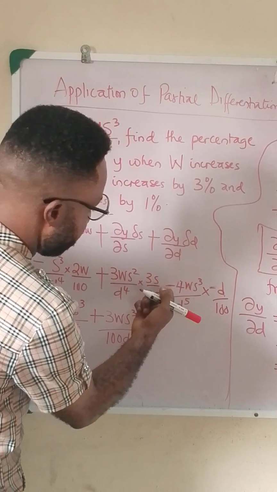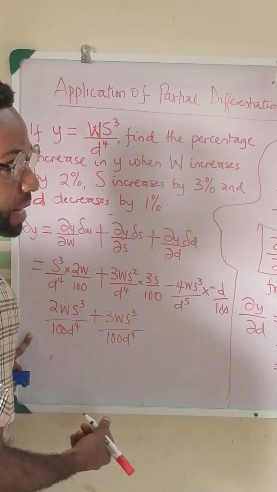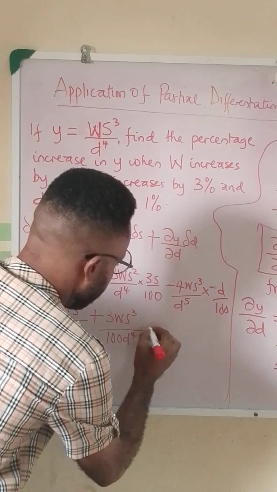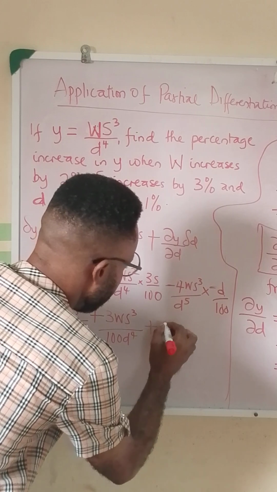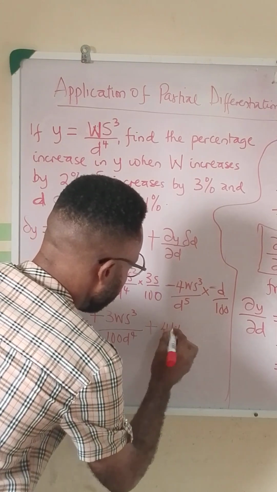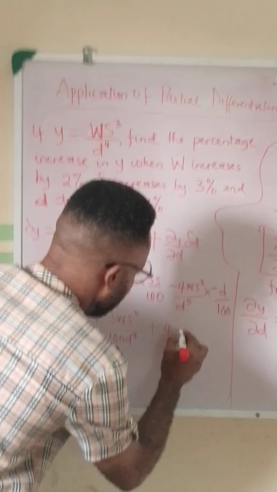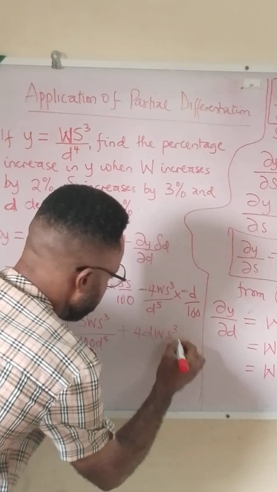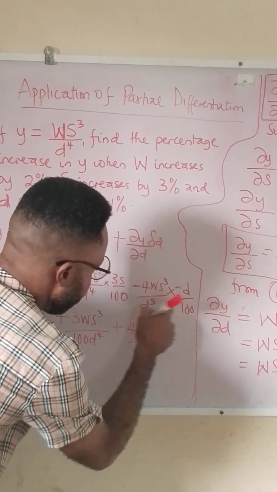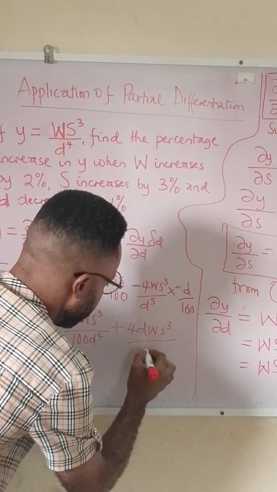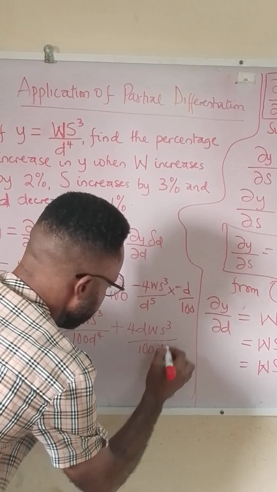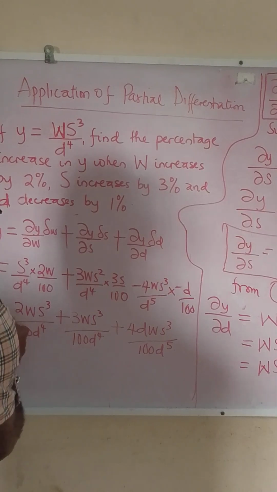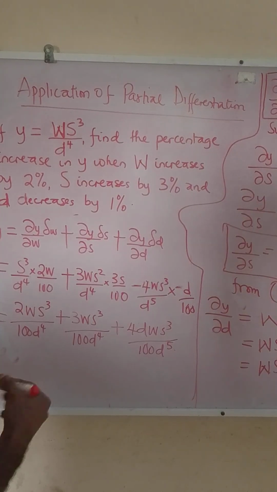And of course, minus this times minus this will give us positive. And then this times this, so we are going to have plus 4D, because we have D here, WS cube all over D raised to power 5 times 100, which gives 100 D raised to power 5. So we've gone this far.